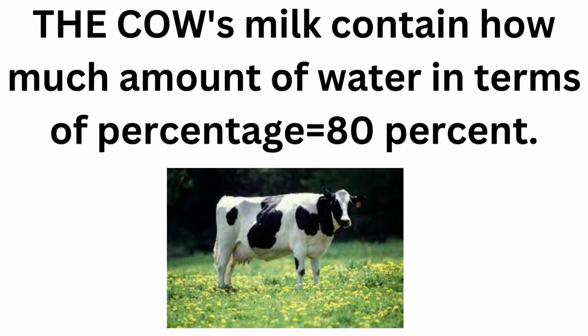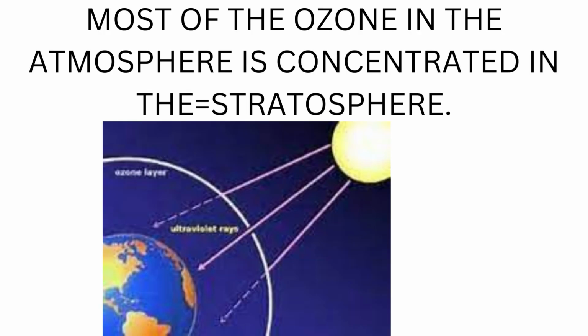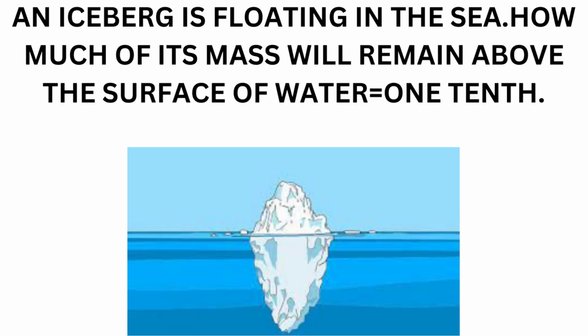And cow milk contains 80% water. And most of the ozone in the atmosphere is concentrated in the stratosphere. And ozone we measure in Dobson units, and its function is to prevent harmful UV radiation.